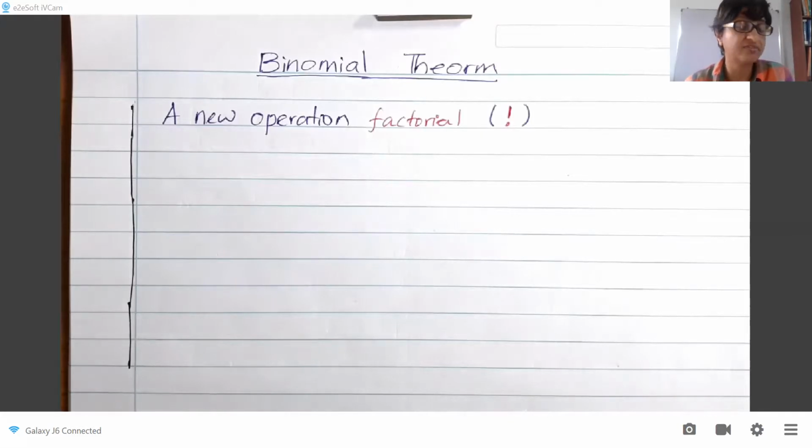So, the factorial of a whole number is the product of all the whole numbers starting from that number down to 1.